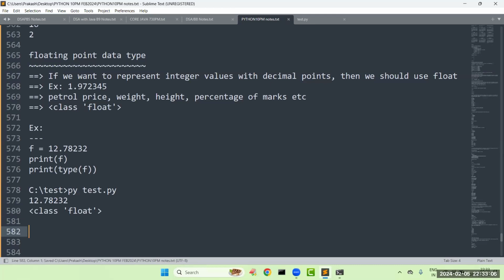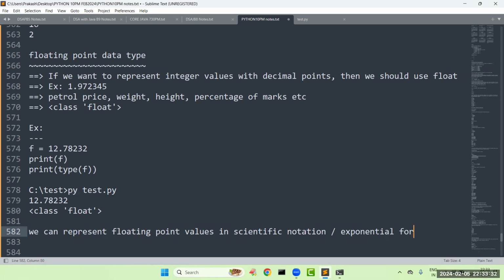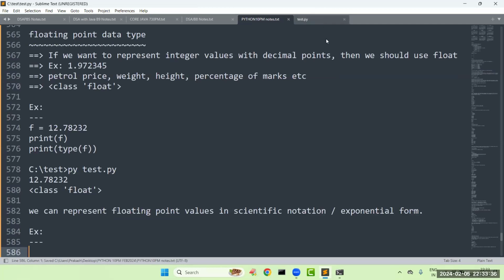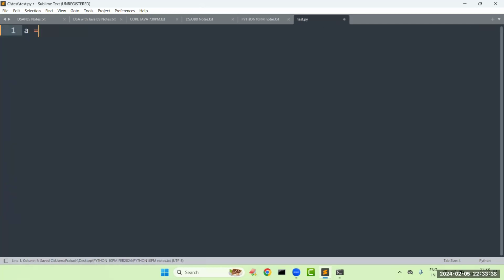Based on our requirement, we can represent floating point values in scientific form, or scientific notation, or exponential form. Sir, how can you do that? Very simple. Consider I am taking a is equal to 1.2.